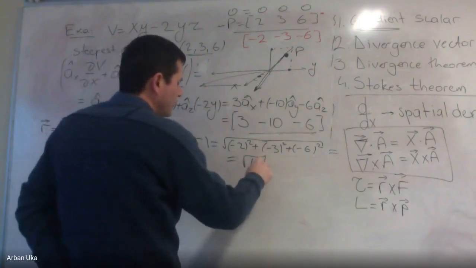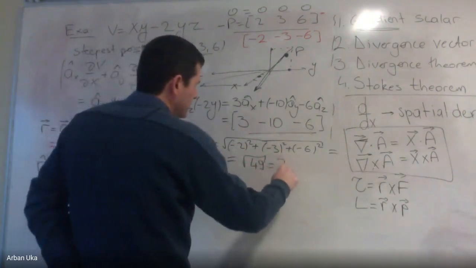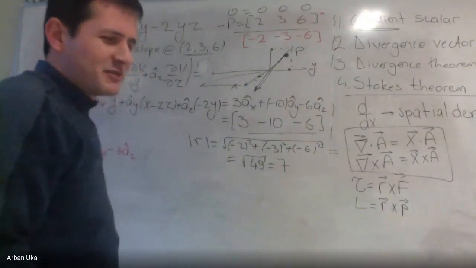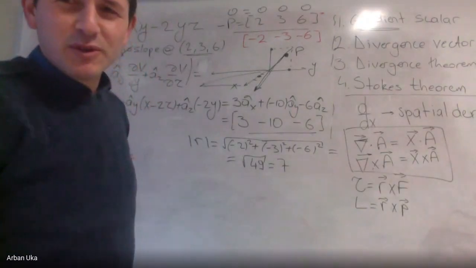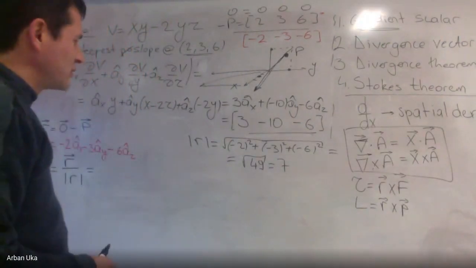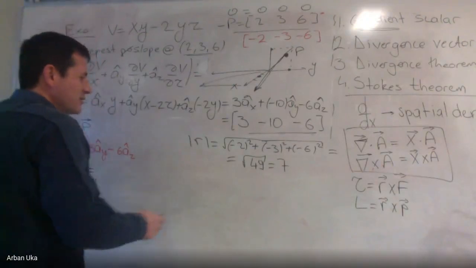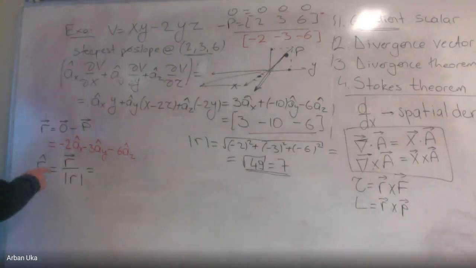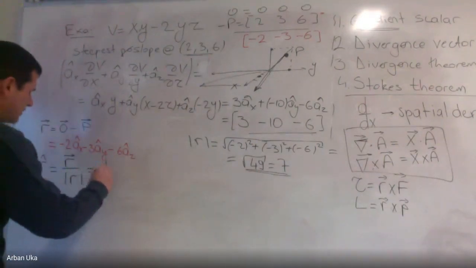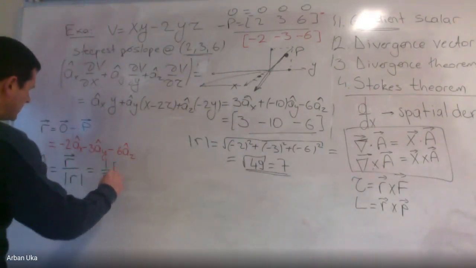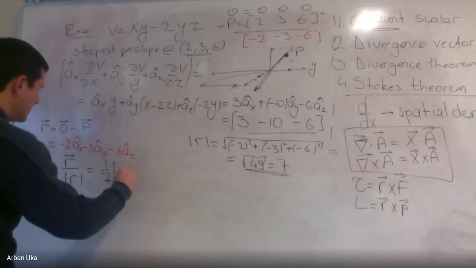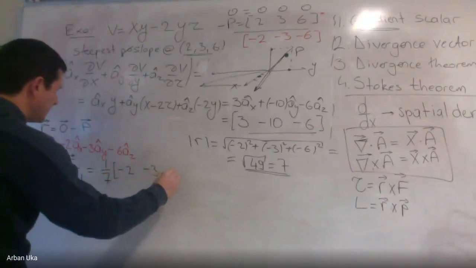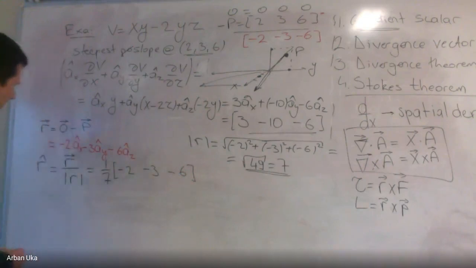The square root of 49 is 7. So the magnitude of r is 7. So here the unit vector r is going to be 1 over 7 times minus 2, minus 3, minus 6.